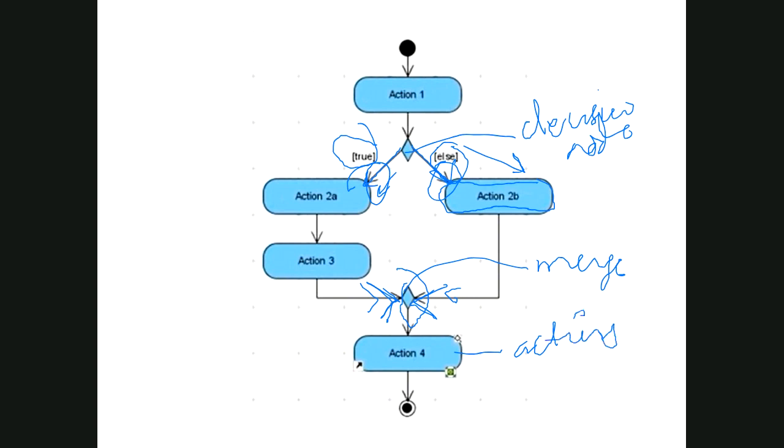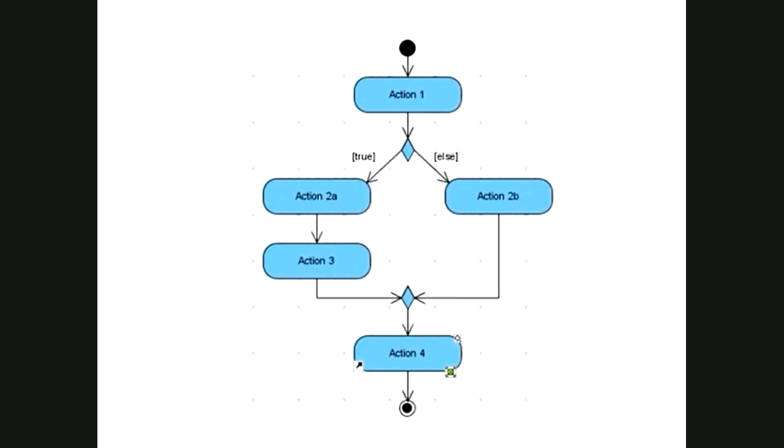actions. Now let's take an example of what is happening in the system. So you are starting from this initial node, then you reach here, you perform an action, action 1, any action it can be, then you move forward, then you check the condition at the decision node whether something is true or false. If something is true, I will move this side and I will perform action 2a, then I will perform action 3.